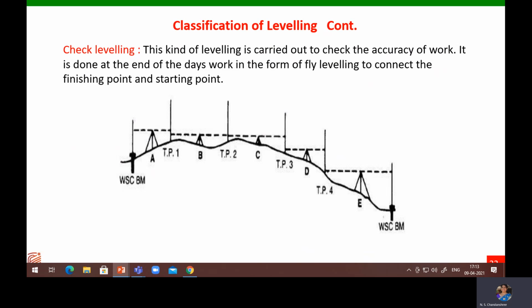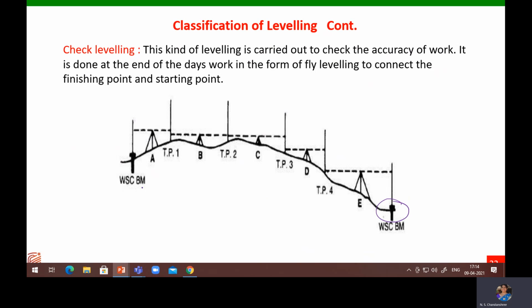Next is check leveling. This is also a similar procedure, but in check leveling we start the work at one point, and at the end of the day we stop the work at another point. How do you check whether the survey we have done in the entire day is correct or wrong?